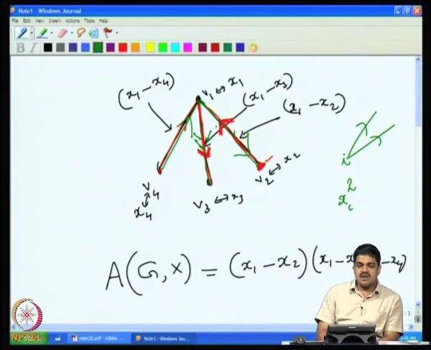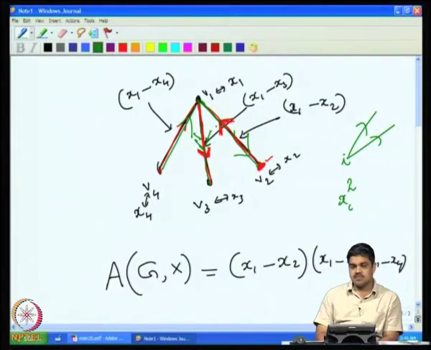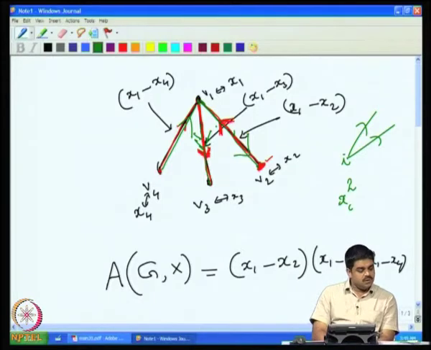So, finally, after you really do the cancellations, the expansion may not have all the 2 raised to m terms; some of the terms may be lost. It is also possible that in some cases they may add up and make a term like 2 times x1 x2 x3. So, it is important to understand that these terms also have signs.